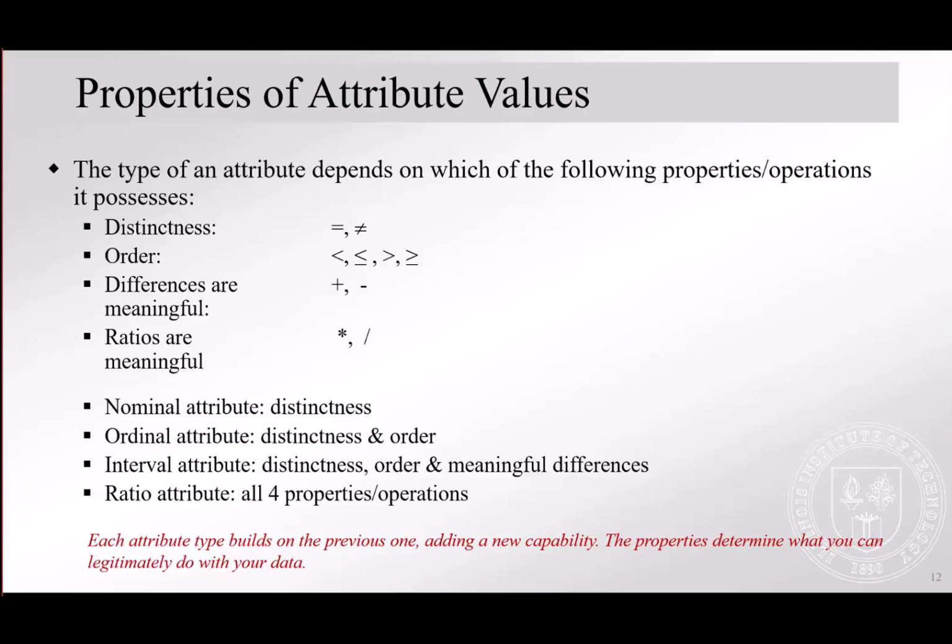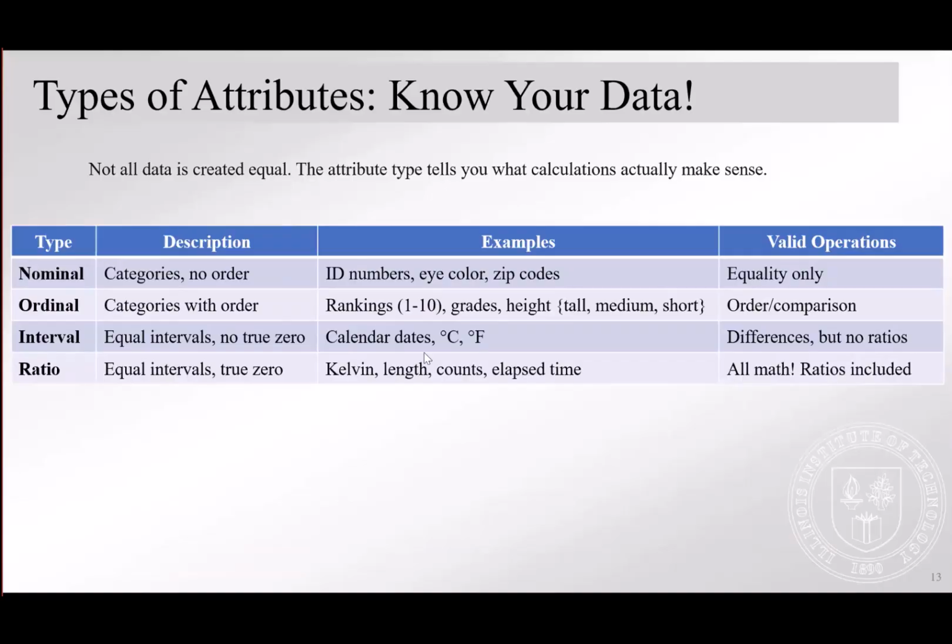You can multiply and divide. 20 seconds really is twice as long as 10 seconds. So the key insight here, each attribute type builds on the previous one, adding a new capability. The properties determine what you can legitimately do with your data. And this summarizes everything, guys.